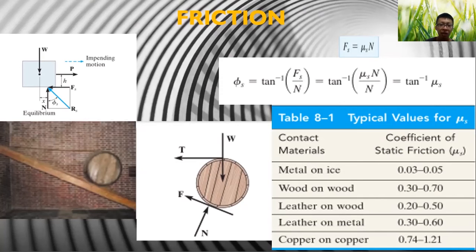If, let's say, it's not in equilibrium and P is greater than Fs, then the friction will be Fk, since the barrel is rolling. That would be kinetic friction. And phi s, the angle of static friction, is the angle in between the normal and the resultant frictional force.